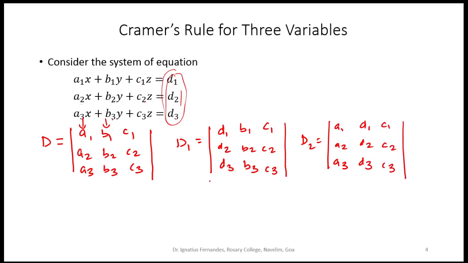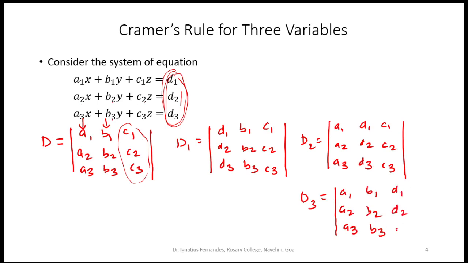The same way then we write down d3. In d3 the third column, that is c1, c2, c3, will be replaced by this. So a1, a2, a3 will be as it is, b1, b2, b3 as it is, and c1, c2, c3 is replaced by d1, d2 and d3.